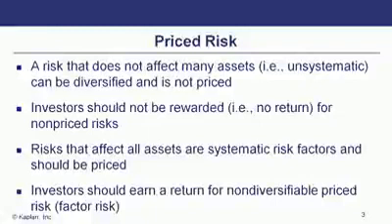So this idea of priced risk deserves a little bit more attention. If it's a risk that does not affect many assets, then it can be diversified away. So if we have some firms that are exposed to, I don't know, changes in the Latvian economy, well, if there's only 6 firms that are impacted by that, then we hold a well-diversified portfolio.